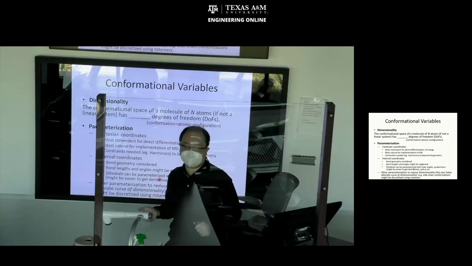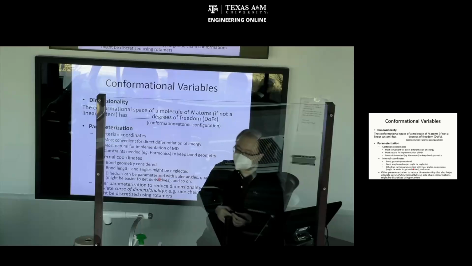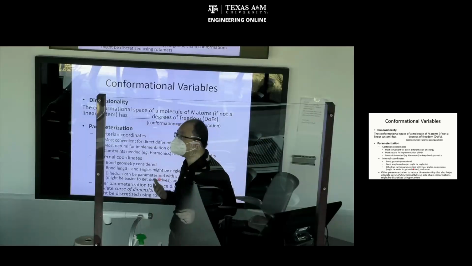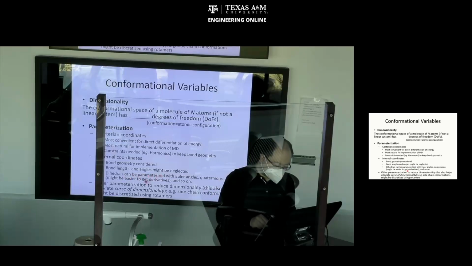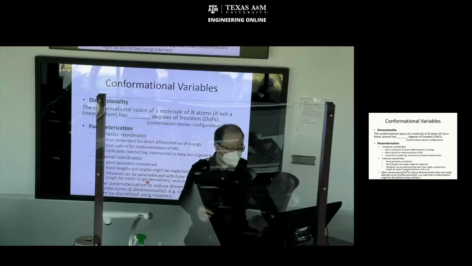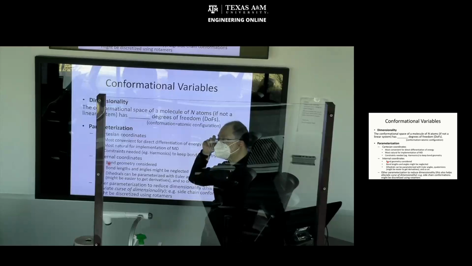Actually, I've been talking about this all the time, and it's great to see that AlphaFold is exactly following this as well, using the quaternions to parameterize the dihedrals. And again, I want you to think about this parameterization because this is critically important also in the deep learning world.